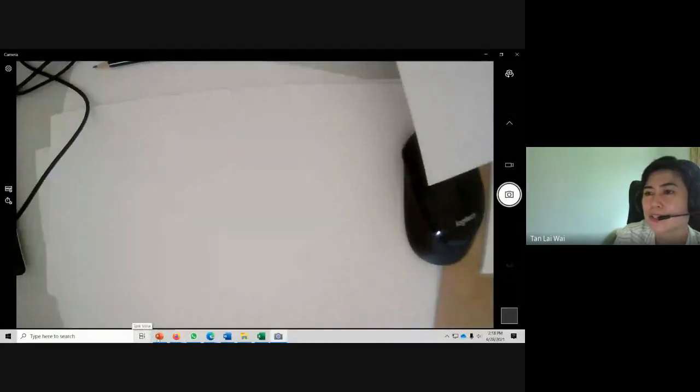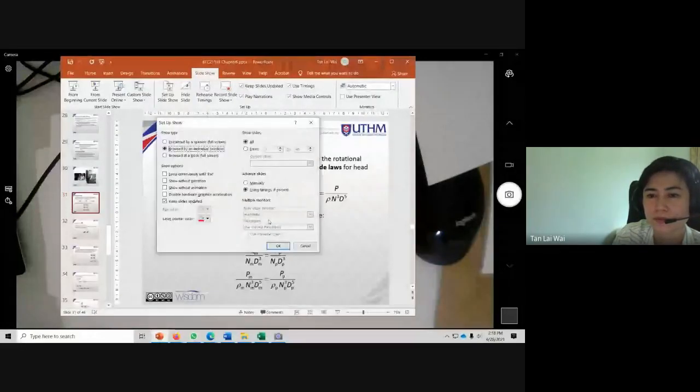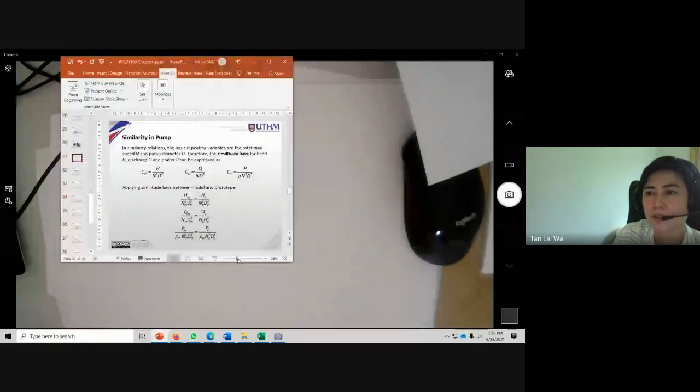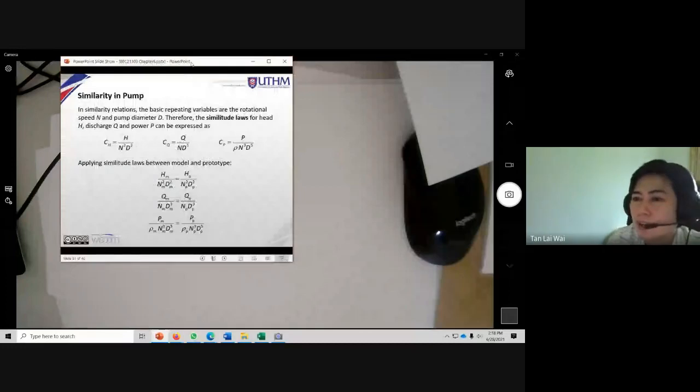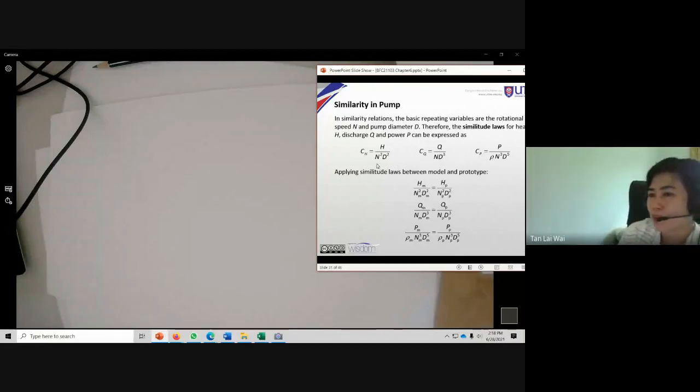If you look at this, you have a similarity law for head, a similarity law for discharge, which is represented by the symbol CQ, and then you have a similarity law for power. Okay, how do we use this?